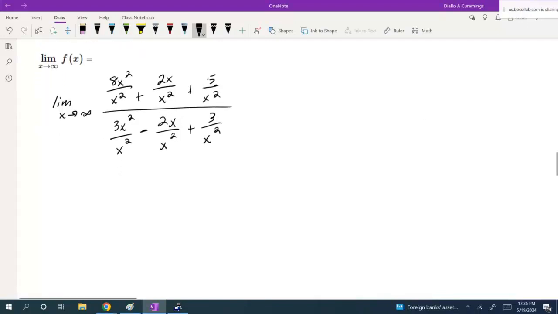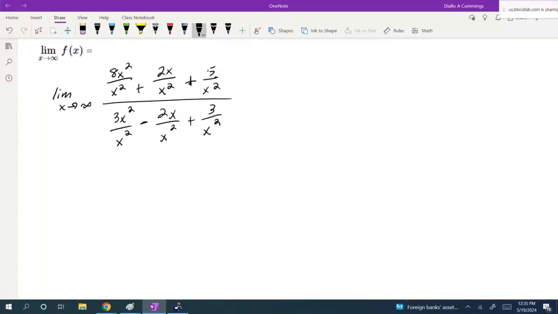So now we're going to reduce. I'm going to write out the limit laws, and then we'll take a look in the next example at where those limit laws are implied. All right, so the x squares are going to cancel. So that's the limit as x approaches infinity for 8 plus the limit as x approaches infinity.